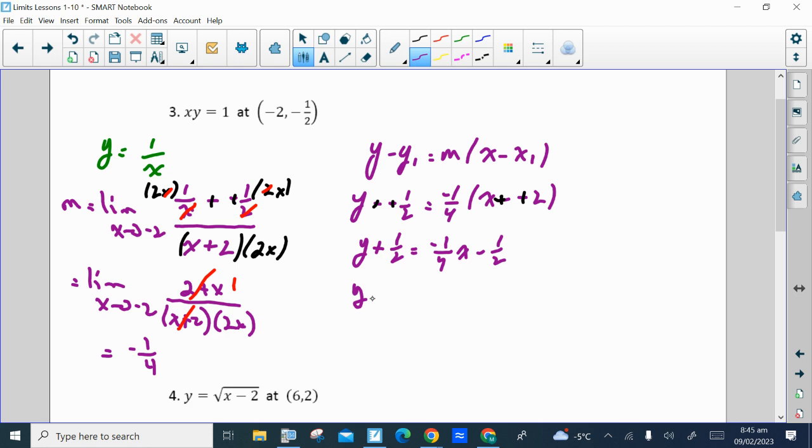And then to get y by itself, I'd subtract that 1/2 from both sides. And if you have -1/2 already and you subtract another half, you're going to get -1. There's the equation in slope-intercept form. In general form, we would first get rid of the denominator by multiplying all three terms by 4.